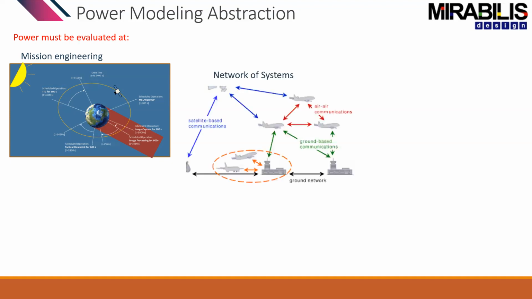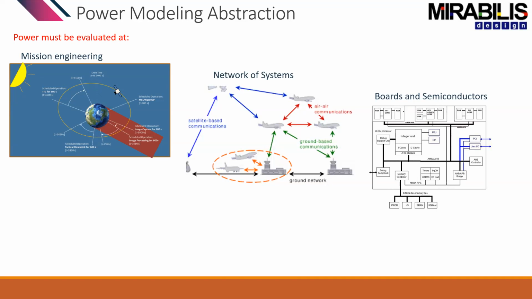It can be the communication happening across all the systems, such as satellite to ground station, or ground station to the other systems connected to it, like the air-based communication between different aircraft, for example. All of these require a significant amount of power consumption, and they can be looked at at that level.